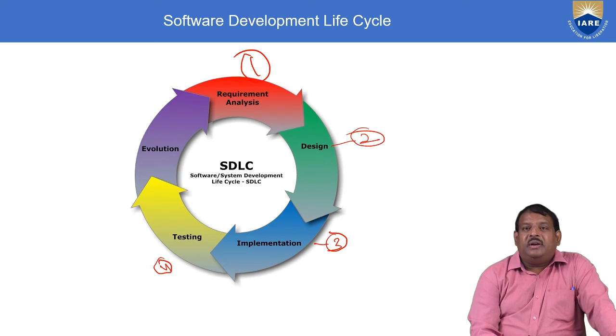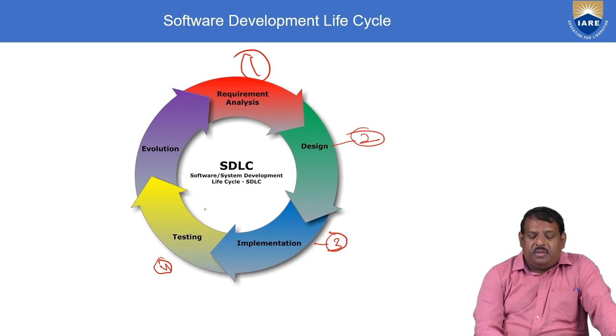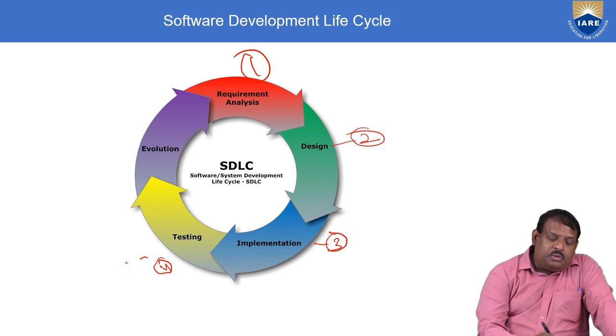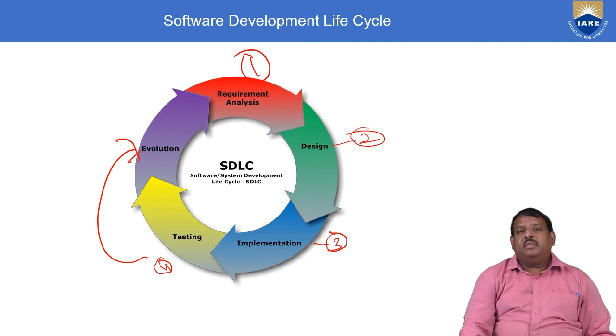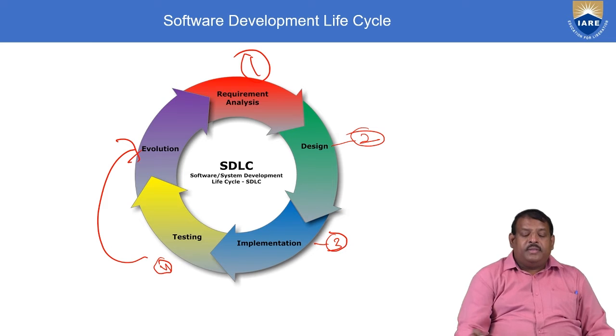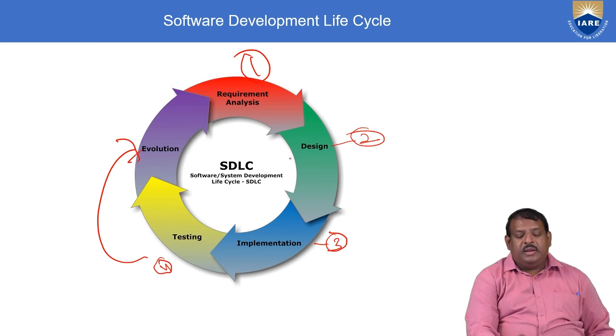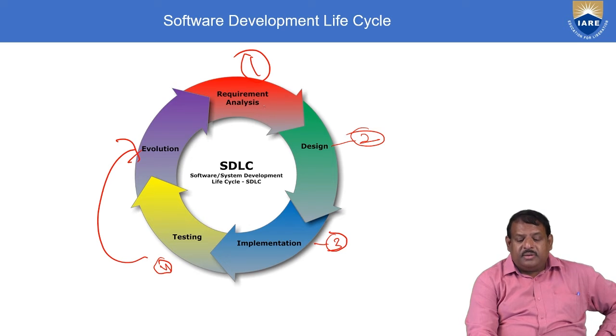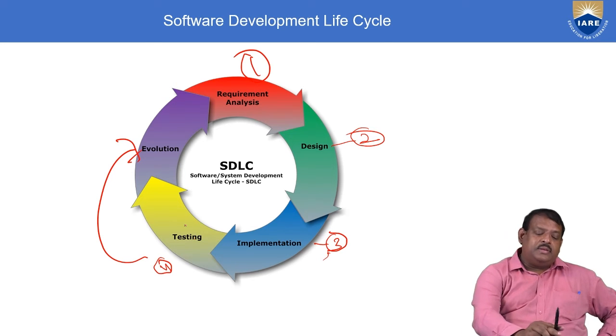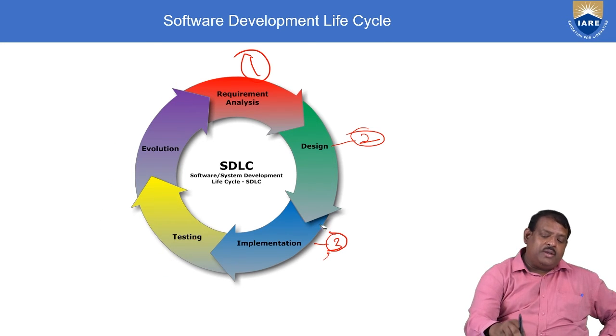After testing is completed, and if there is nothing to worry about and everything looks as defined, it goes to the last step, which is the evaluation. So the software development life cycle starts with requirement analysis, goes to design, then implementation, testing, and lastly the evaluation. This is the software development life cycle.